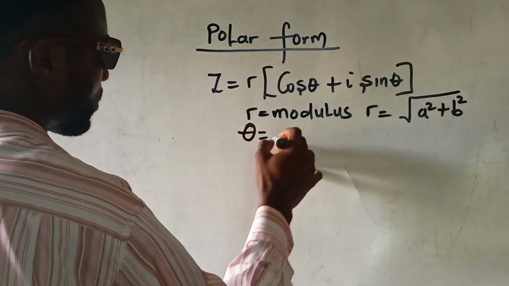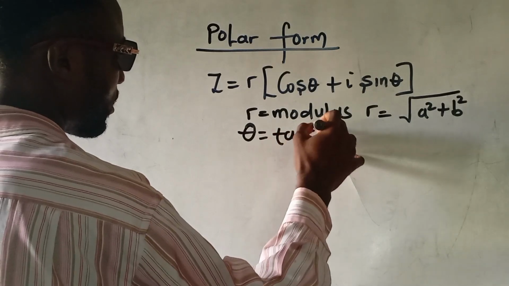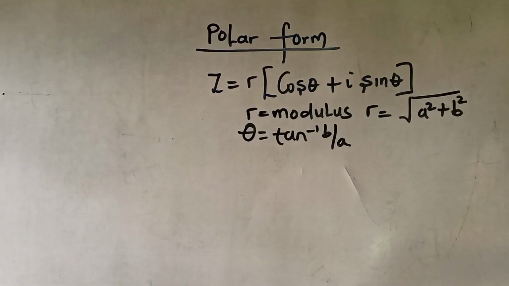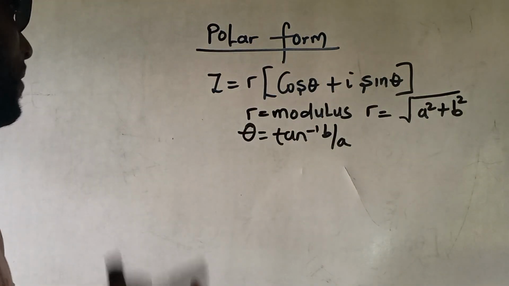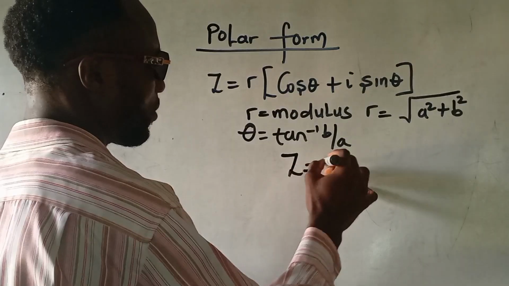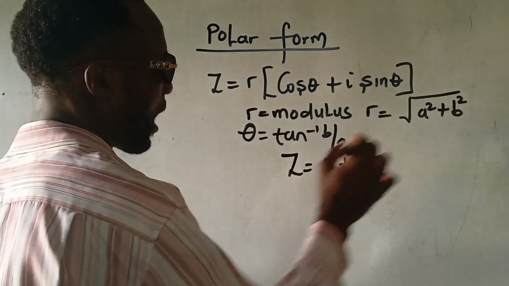Then theta is equal to the tan inverse of B all over A.